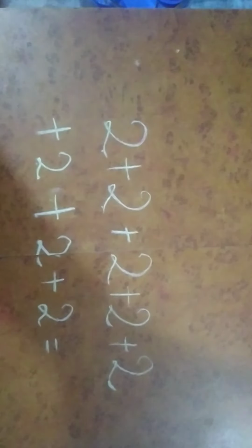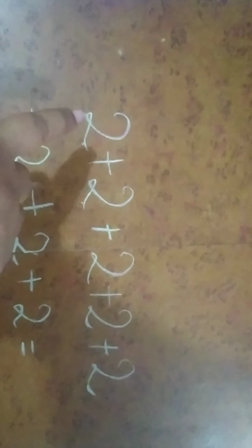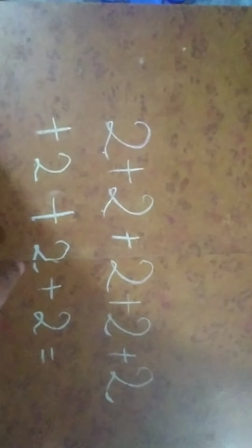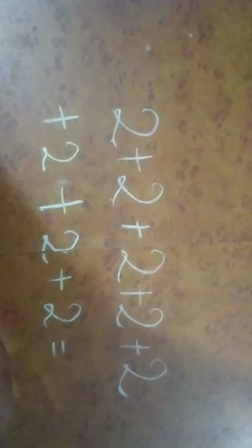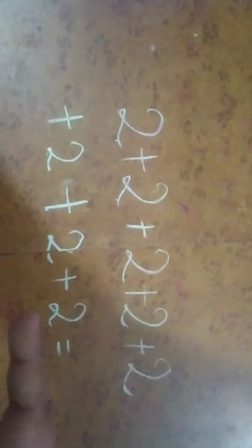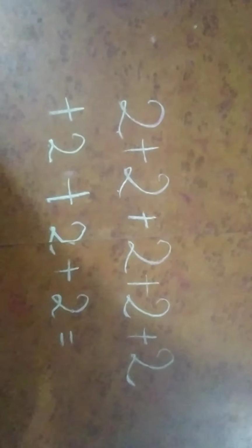So if they have to add 2, 8 times, how will they do it? They will keep on counting like 1, 2, 3, 4, 5, 6, 7, 8, 9, 10, 11, 12, 13, 14, 15, 16. So actually they are trying to count the number multiple times, which takes a long period of time to calculate, isn't it? So to make it short, what we do, we multiply.